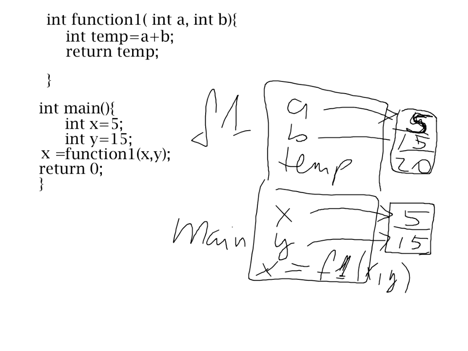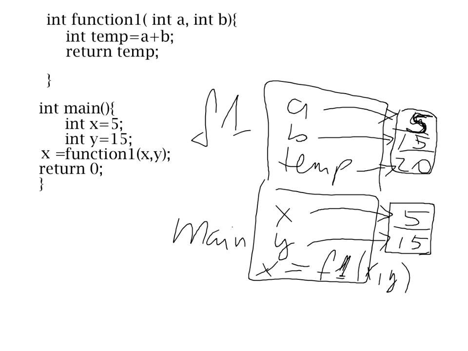So now we have 20. So A is pointing to the location of 5, B is pointing to the location of 15, and temp is referring to the location where we're storing the result of the addition.